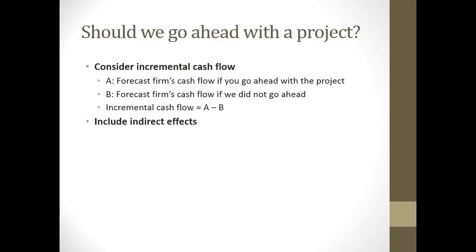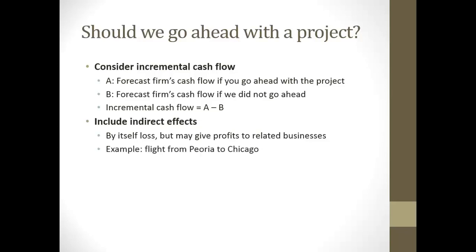We should also not fail to include indirect effects. By itself, a trip might be a loss, but if we include the indirect effects, then the trip might just be positive. For example, a new flight from Peoria to Chicago might not be able to produce those kind of revenues which make the flight itself sustainable.